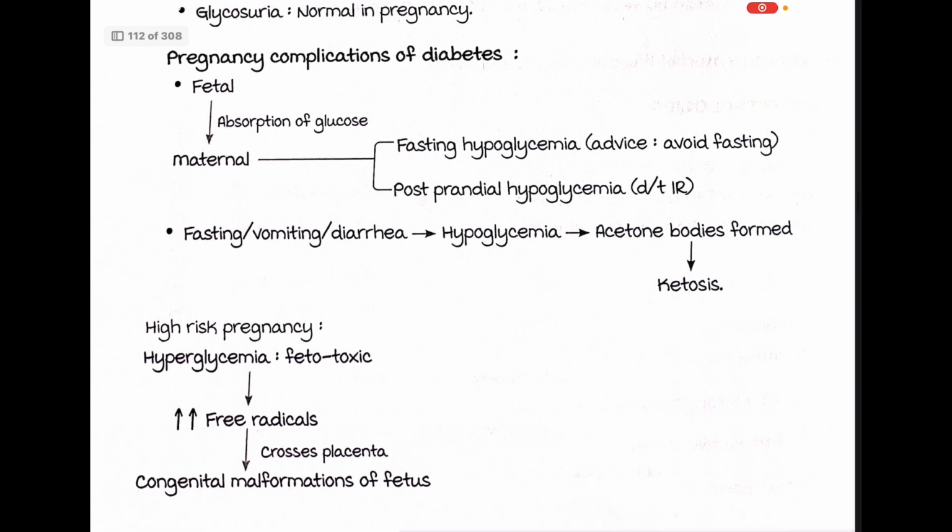Pregnancy complication of diabetes: fetal absorption of glucose from maternal blood causes fasting hypoglycemia. Advise avoid fasting in pregnancy. Postprandial hyperglycemia due to insulin resistance.